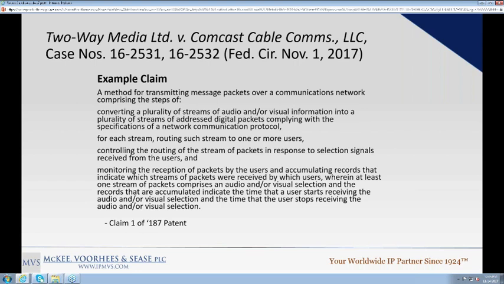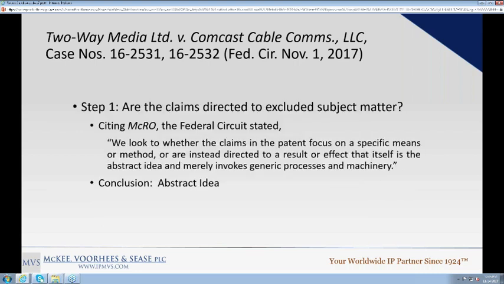So there's this step of converting and routing and controlling and then monitoring reception. That's claim 1, which the court felt was representative of at least 2 of the patents at issue, and it gives you an idea of what kind of technology the claims were directed to in that case. So the court then said, are they directed to excluded subject matter?